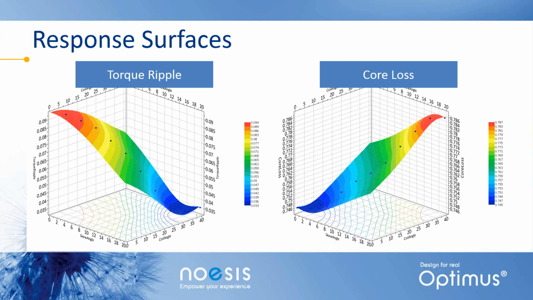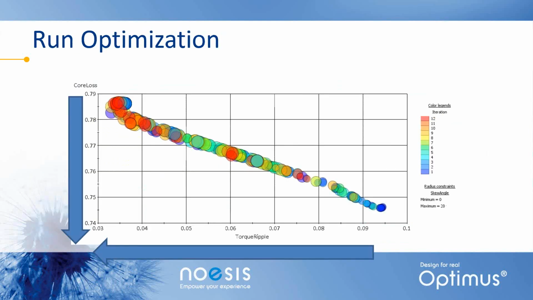When we ran the optimization on this response surface, this is the Pareto front that we developed. We used an optimization method called particle swarm optimization, as we were attempting to minimize the torque ripple and minimize the core loss. You can tell, based on the color of the bubbles, the progress of the optimizer. The darker red bubbles indicate that we were further along in the optimization process.